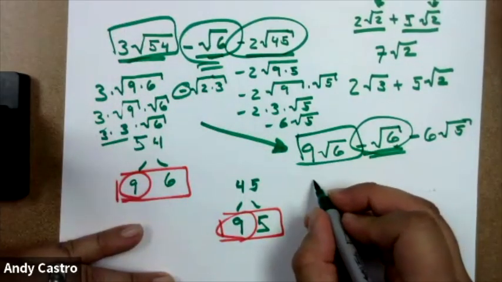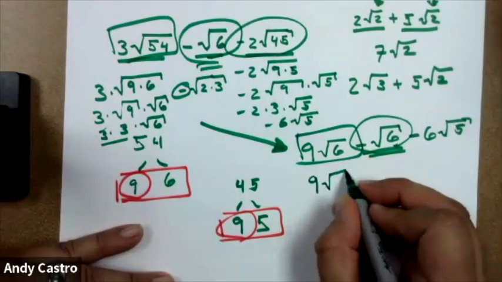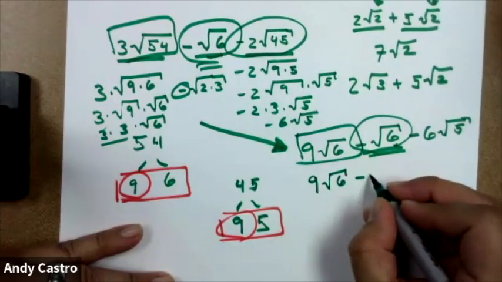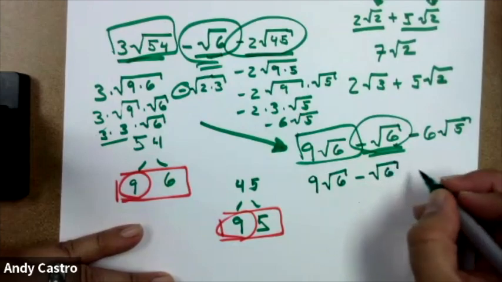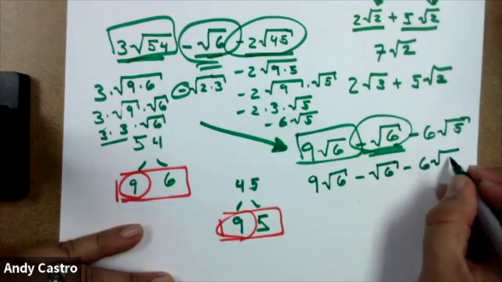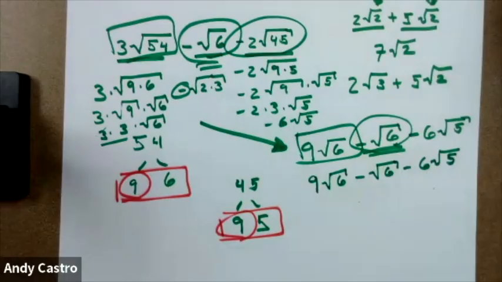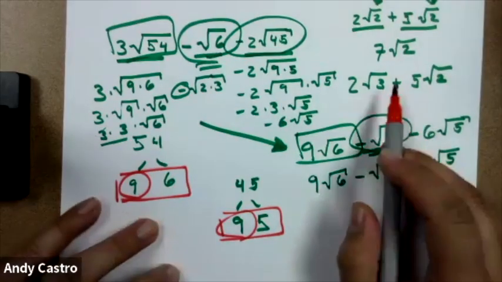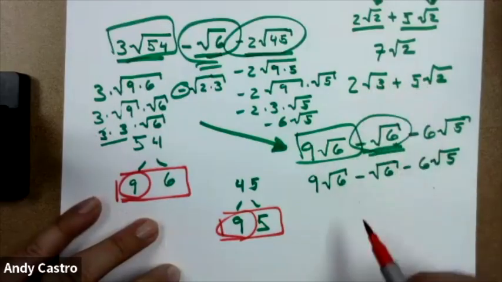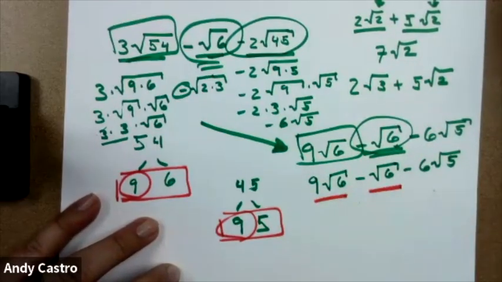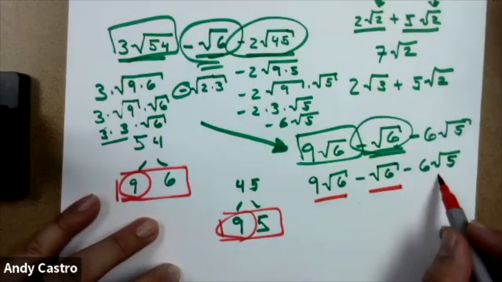So let's rewrite this. 9 root 6 minus root 6 minus 6 root 5. Okay, so do I have any like terms, so to speak? And remember, they have to have the same root. So this and this have the same root, but that does not.